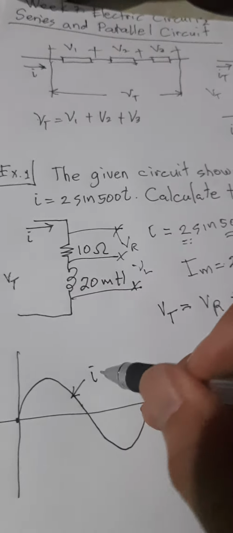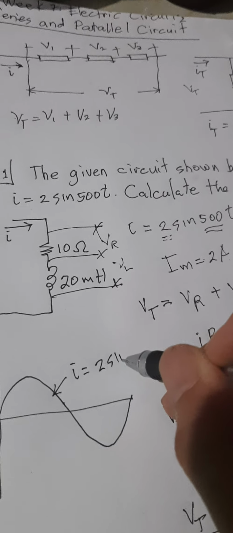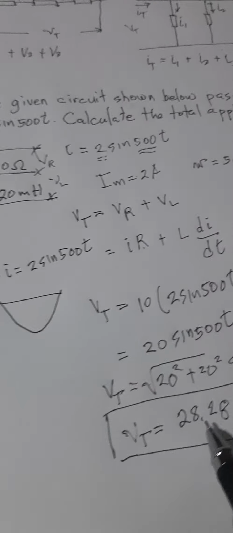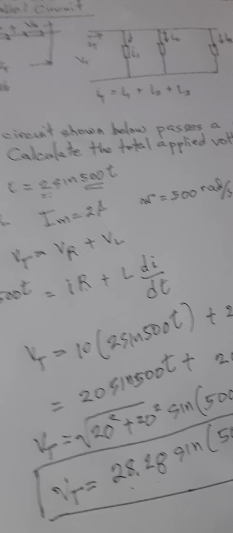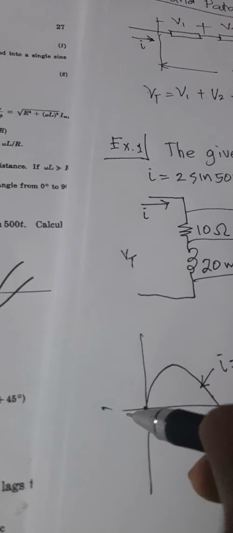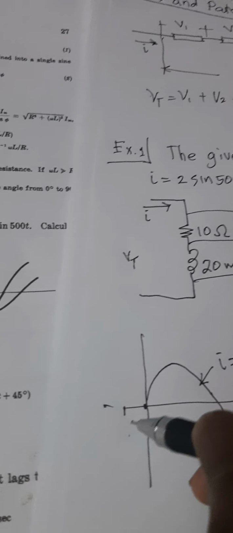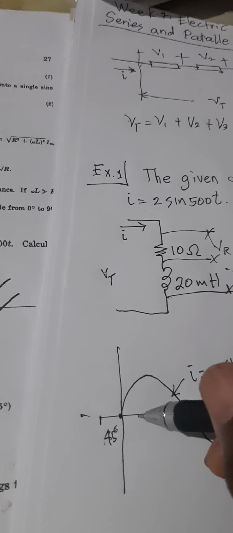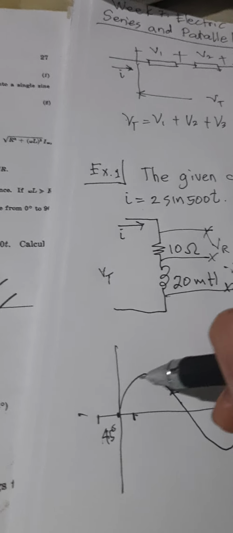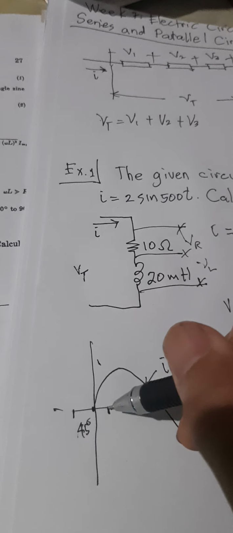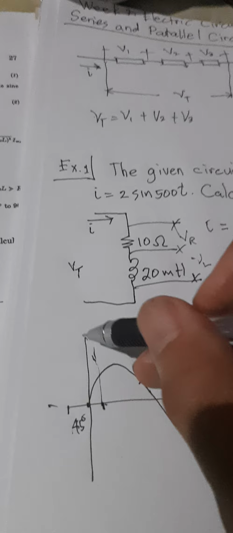This is i equals 2 sine 500t. And yung voltage is 28.28 sine of 500t plus 45. Plus 45 nandito yun, 45 degrees. Okay. Then another 45 degrees. Yan na yung 90 degrees.